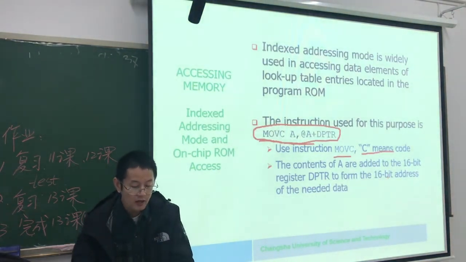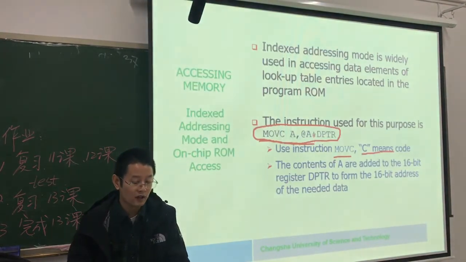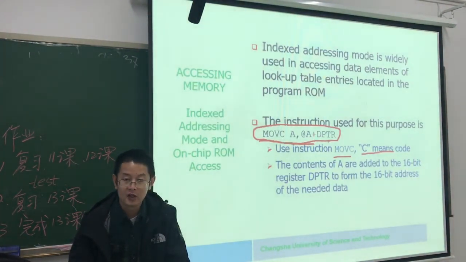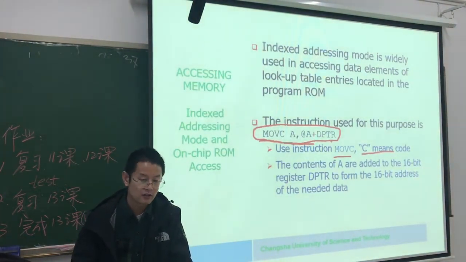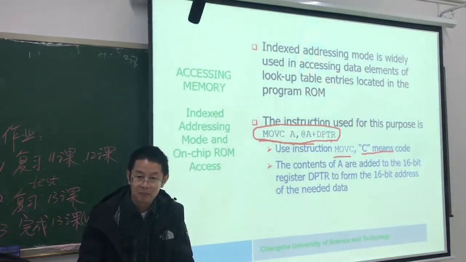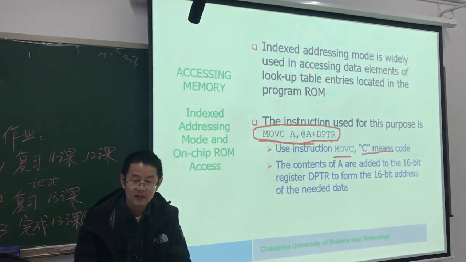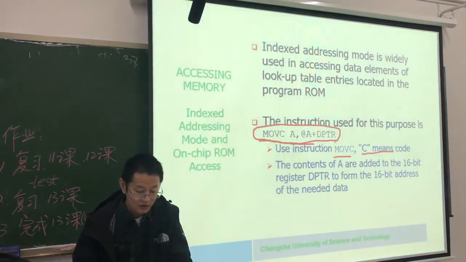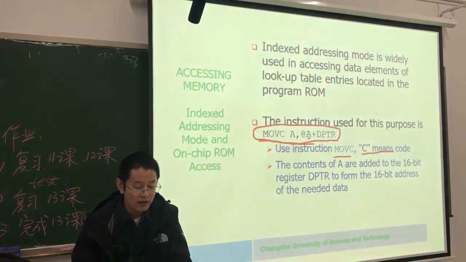Which means your data is between the group of plus A or minus A. You can add your offset to the DPTR and get your actual address.